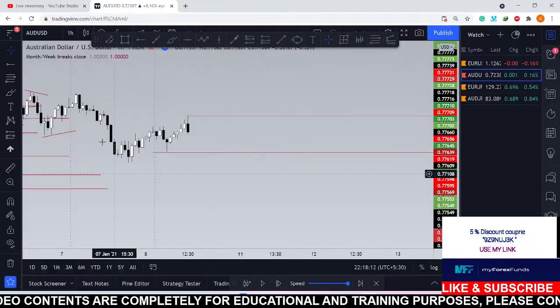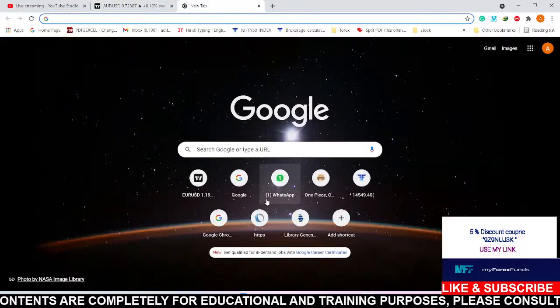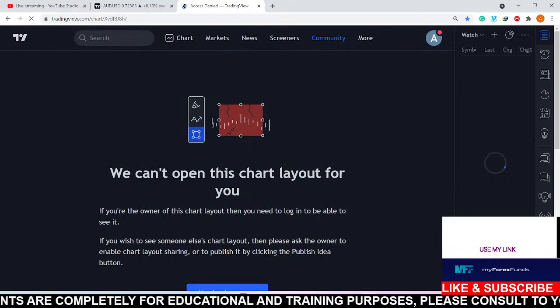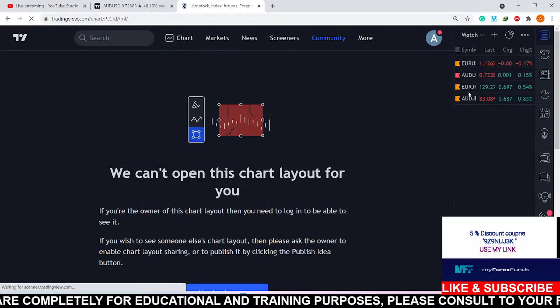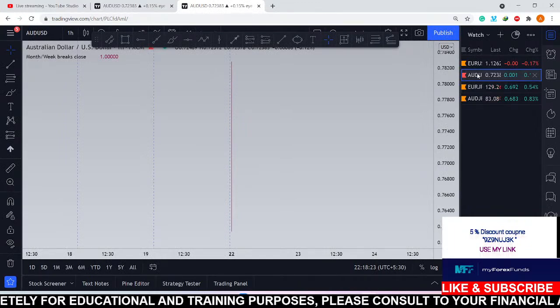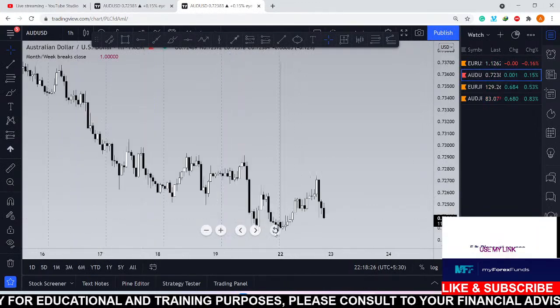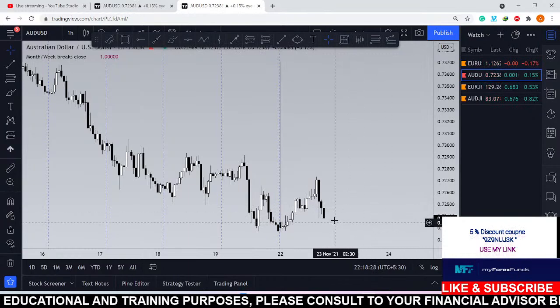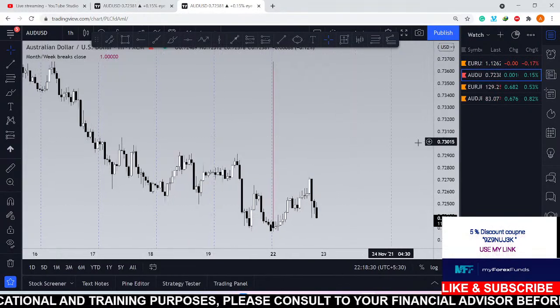Now we are getting some sort of alert. Let me just check. AUD USD alert. The market is trying to continue its move to the downside.